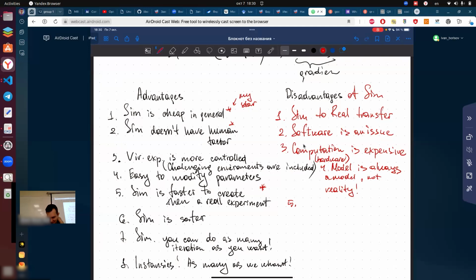You can write in the chat. Lack of physical feedback. Is it a disadvantage of a sim? I'm not sure that is a disadvantage of sim.